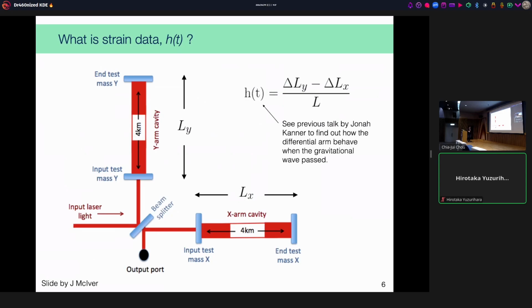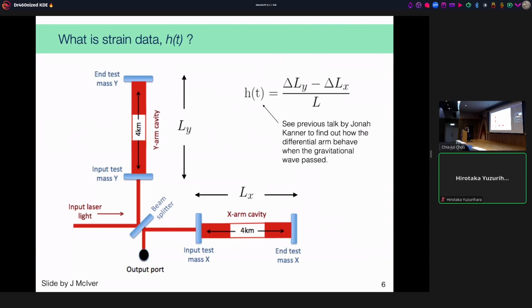The output recorded at the output port is in voltage units. So the calibration group calibrates the data to strain units.